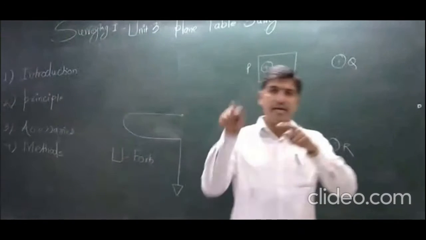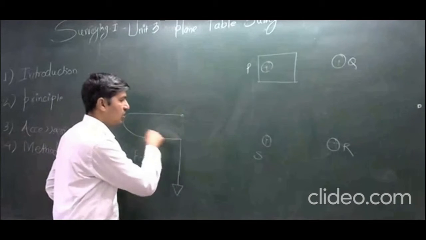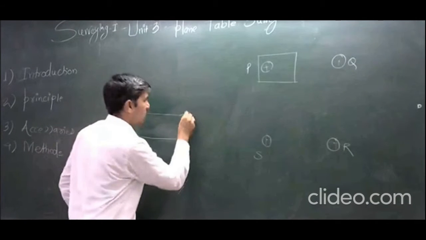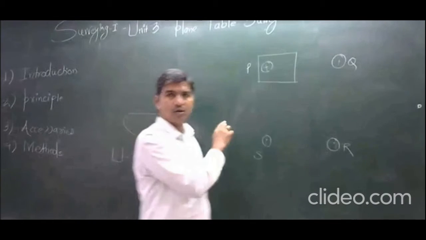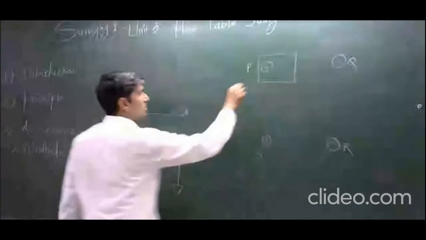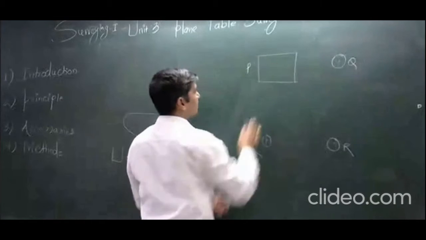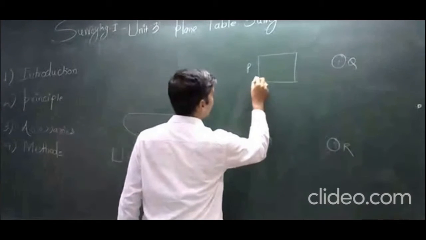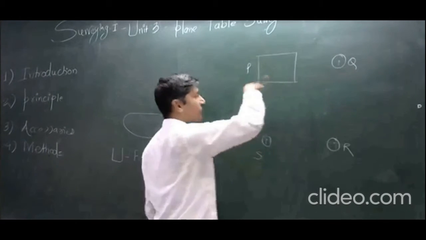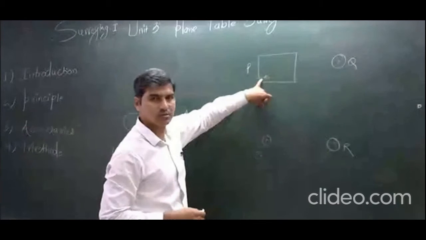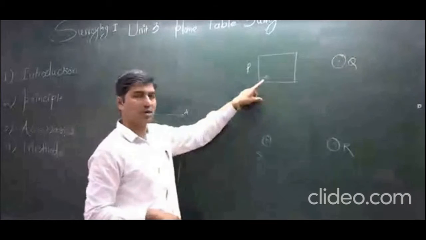U fork is nothing but a bent metal pipe in the shape of U. Suppose this is one end of the U fork, which is touching the point on the drawing sheet. From the top, this section will look like this only.